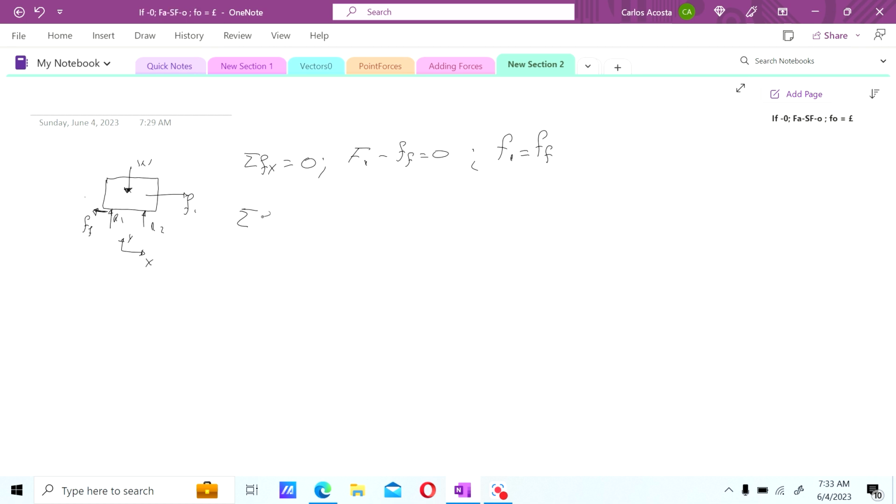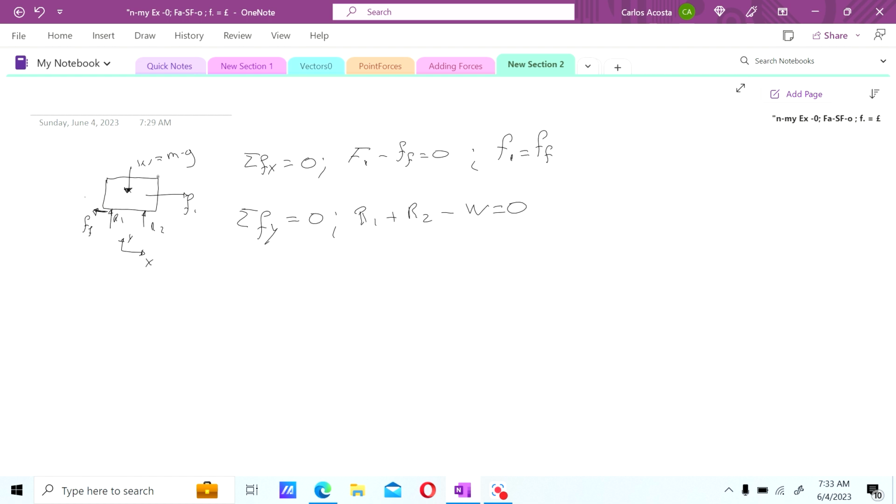Same thing for y. Summation of forces in y equals 0. What is W? W is the mass times the gravity. So we have R1 plus R2 minus W equals 0.